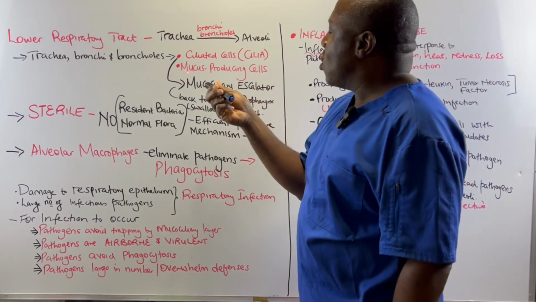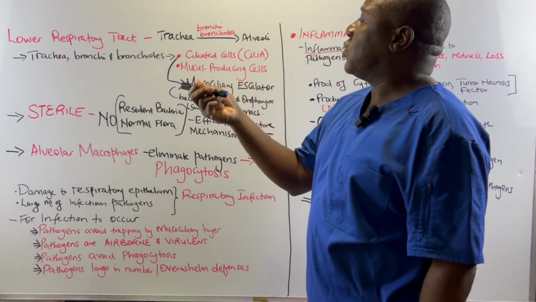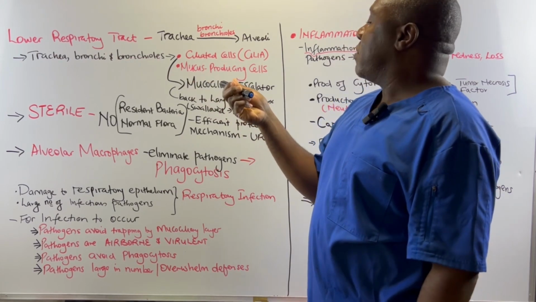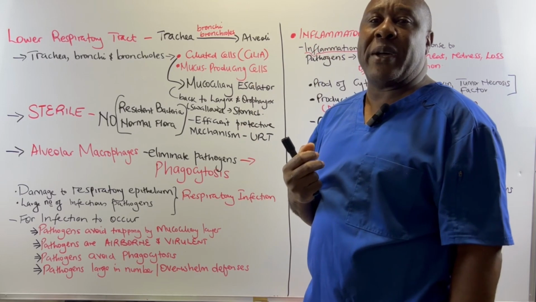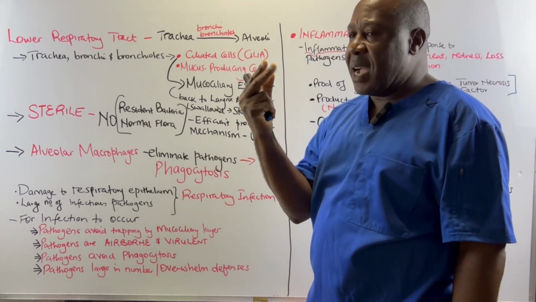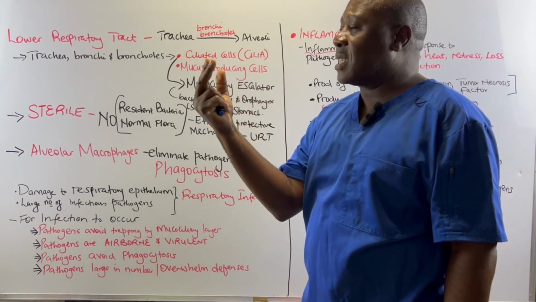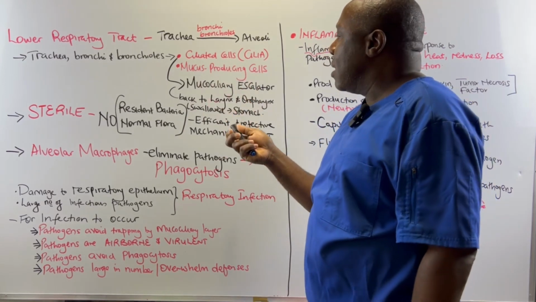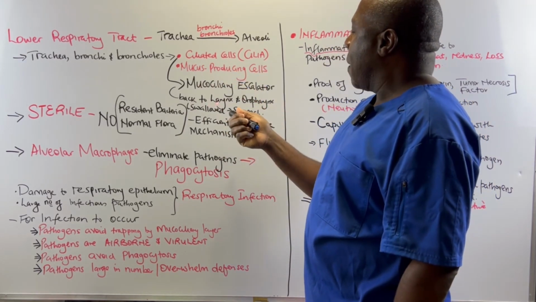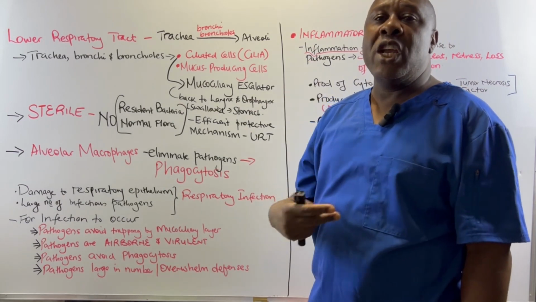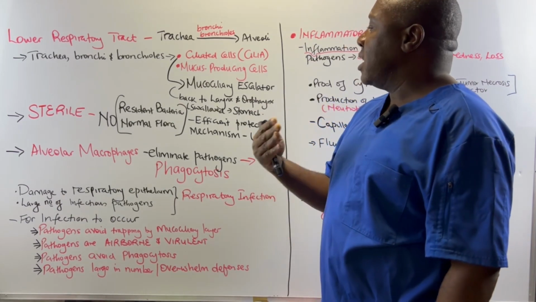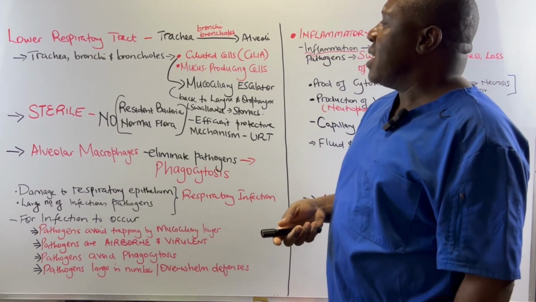We also have the mucus producing cells in the trachea, bronchi, and bronchioles. The mucus producing cells physically trap these particles, and then the cilia move these trapped particles back to the larynx and oropharynx from where they are swallowed into the stomach, and in the stomach they are destroyed by various enzymes.